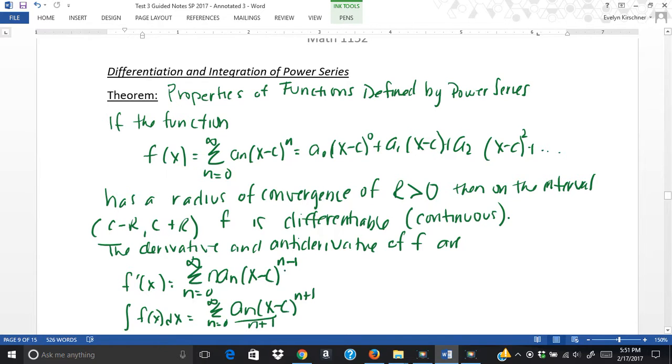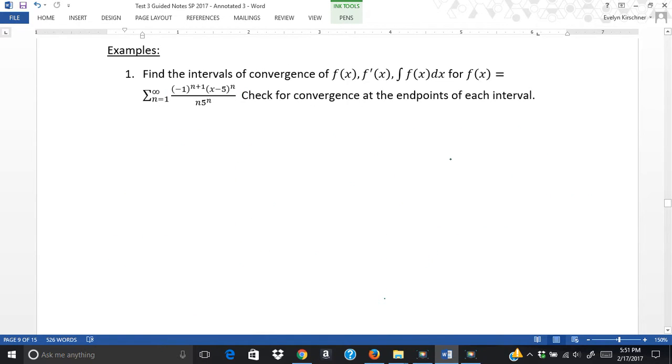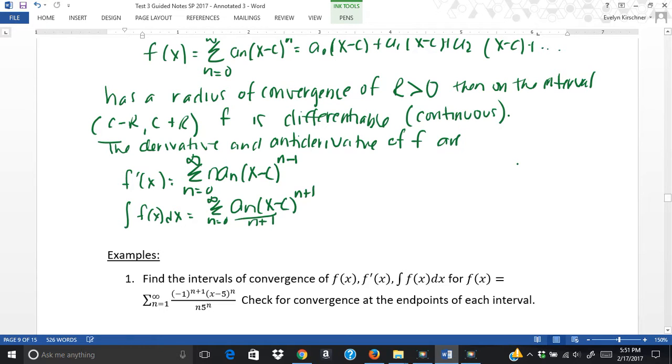And the radius of convergence of the series, if you integrate or differentiate, is the same as the original.